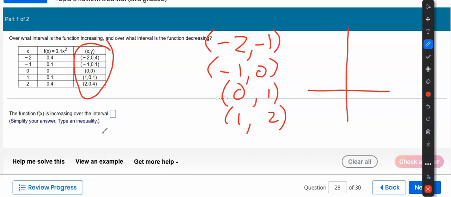Okay, we know that this is a parabola, right? It has to open up, and the fact that it's a 0.1 means it's going to be wide and flat. Still opens up, just wide and flat.